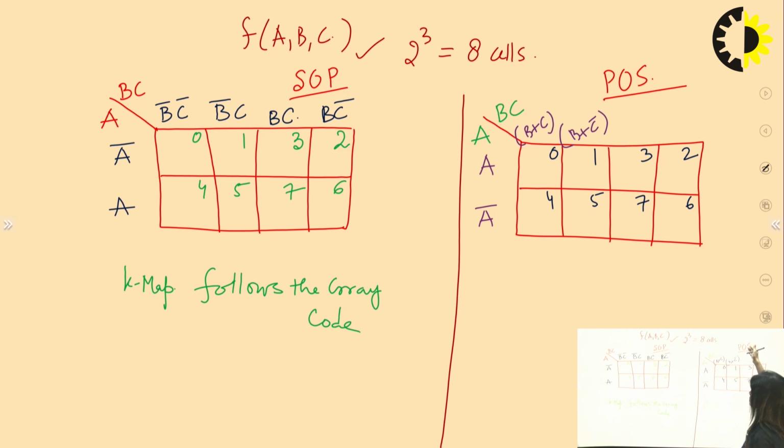Because it is a POS, that's why I am writing in this way. So in this way, now you can see the difference of SOP and POS. This structure is for sum of product and this structure is for POS.